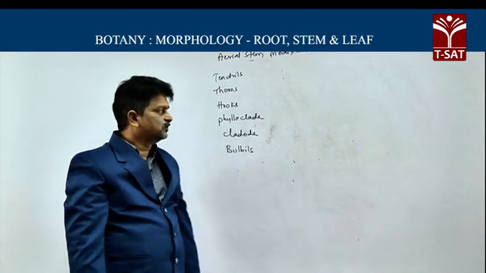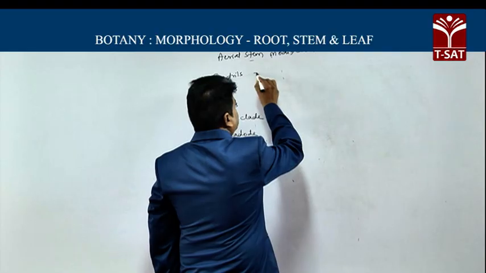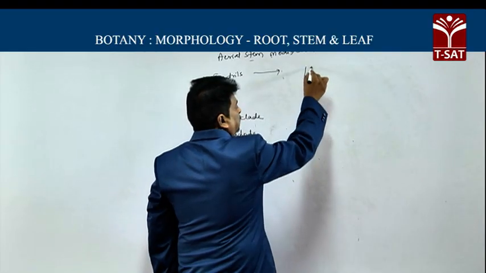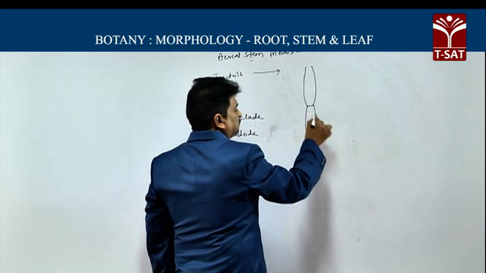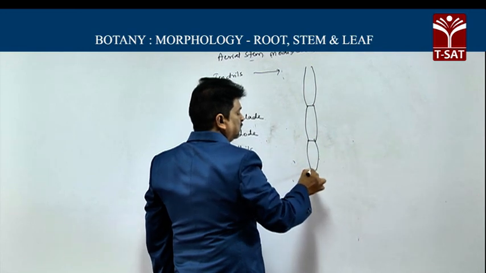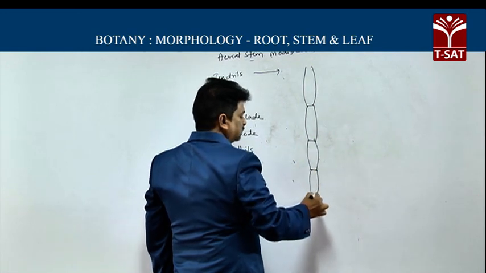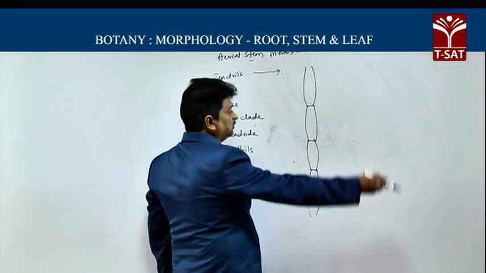So first one, tendrils. What are tendrils? Tendrils are leafless, coiled and delicate structures useful for climbing.